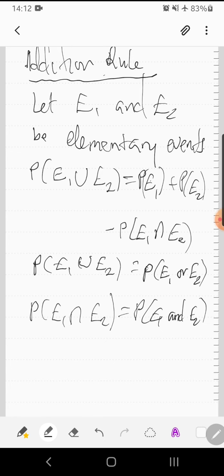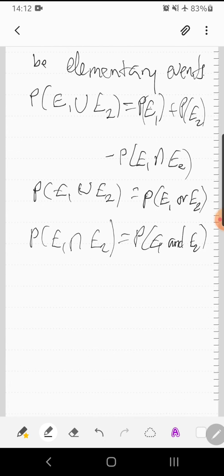Okay, so now let's have an example. We want to find the probability of obtaining an S card or a red card.